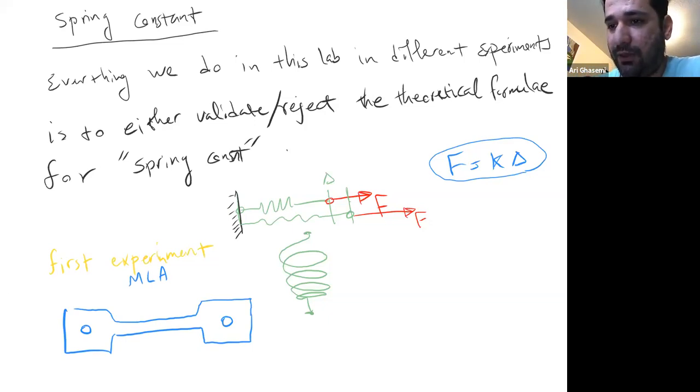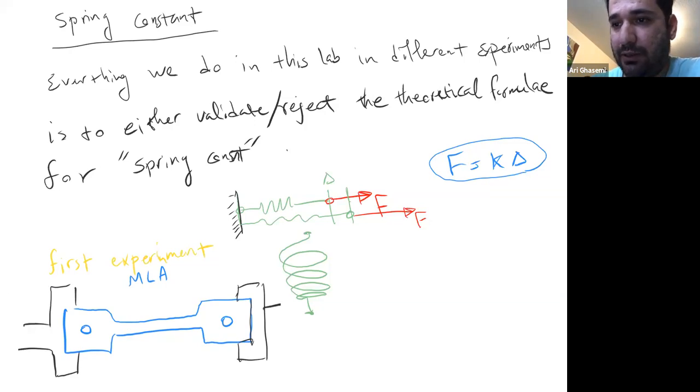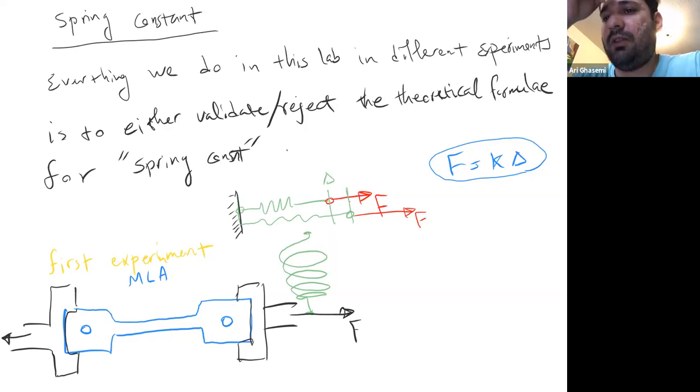You fix this end to one end of the machine, you've got hooks here, and you fix the other end to the other side. Then the machine is going to apply tension force F to this end, and after some point, you see this specimen will break, right? Now I say, find the spring constant.